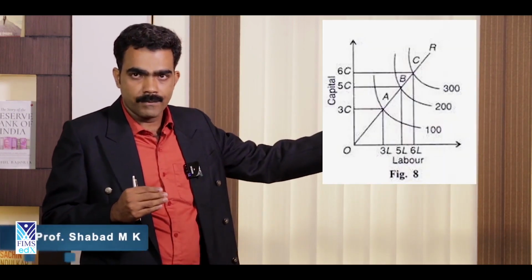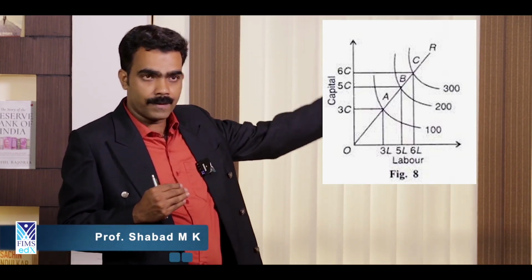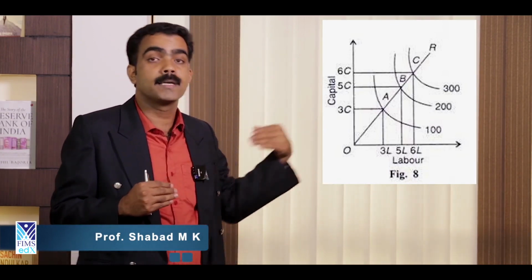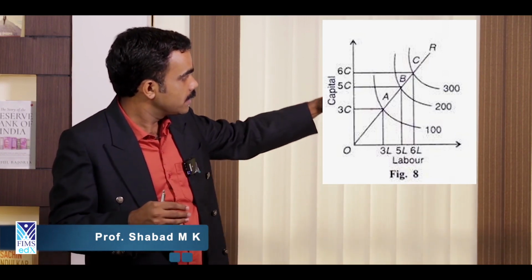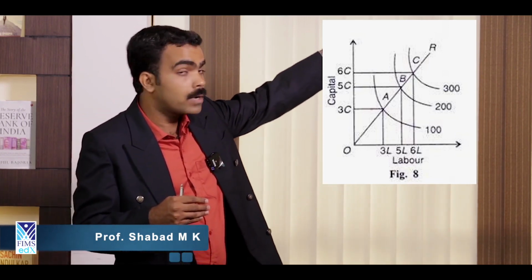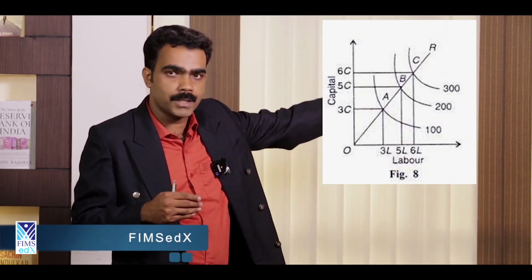So there are 3 types of long run production function or return to scale. The first thing is increasing return to scale. When we change a small portion of capital or labor, we get a high level of productivity. That is what is known as increasing return to scale. See the diagram regarding increasing return. The gap between isoquants keeps on reducing, but the output is 100, 200, 300 and 400.